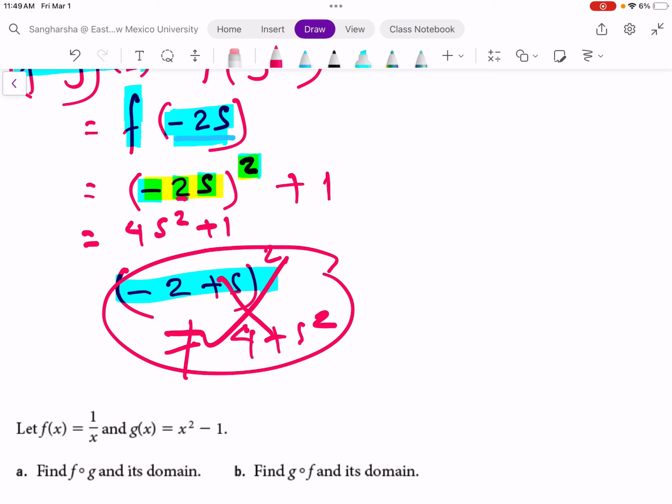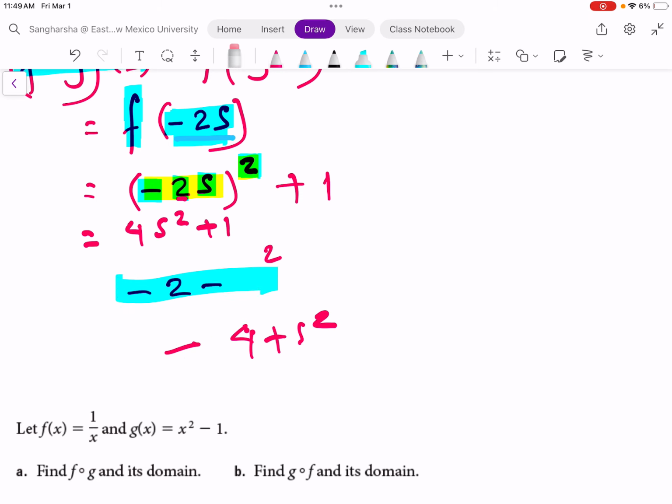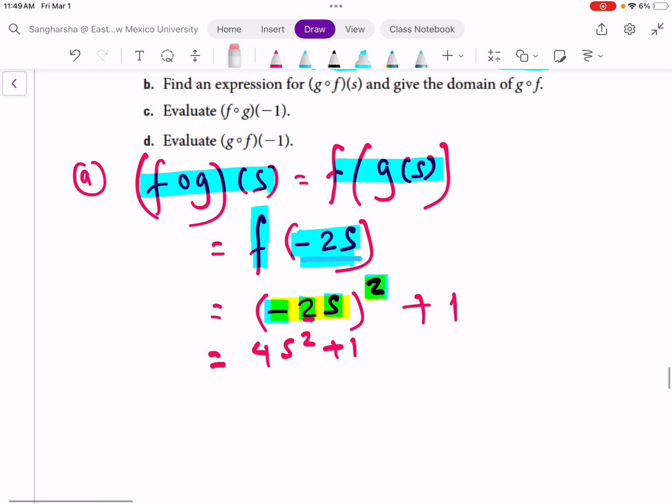So here we have to rewrite this: negative 2 plus s squared is negative 2 plus s times negative 2 plus s. We use FOIL and we simplify. If you have a product, only then can you distribute the exponent. Otherwise, you can't. Now this is the final answer. So this is our f composite g function.